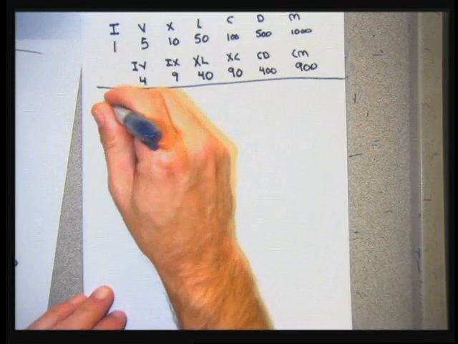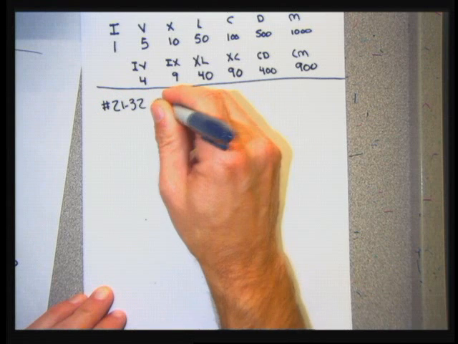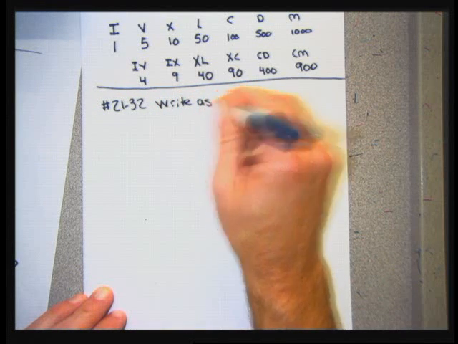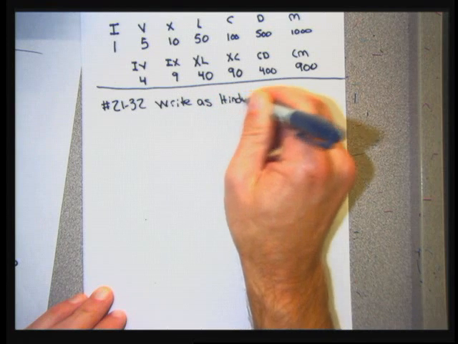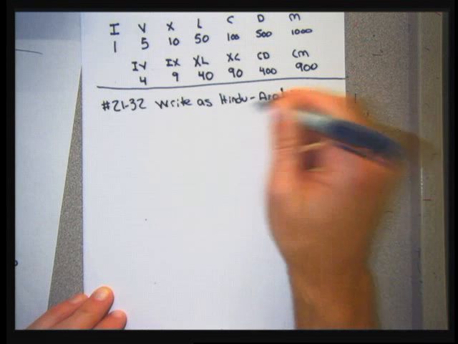So I'm going to start looking at problems 21 through 32, and the instructions ask me to write as a Hindu-Arabic number, which is just a regular number.